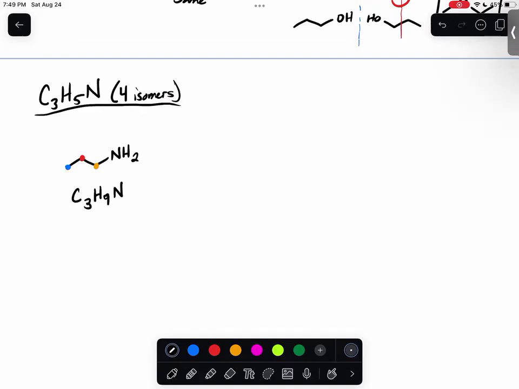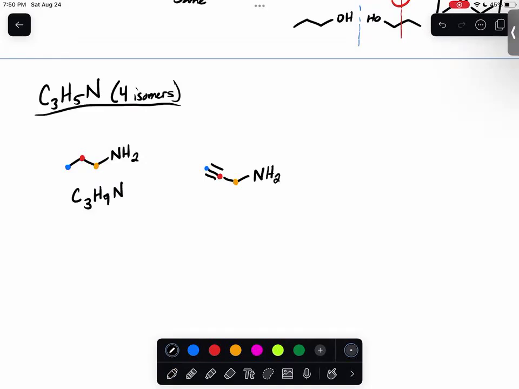And the way we can do that is through adding in multiple bonds, right? So if we take a look at adding in some multiple bonds, we can add in something like a triple bond. So if we put that between a couple of carbons, that would be now the blue and the red carbon. We then have that connected to the orange carbon, and then we have our nitrogen.